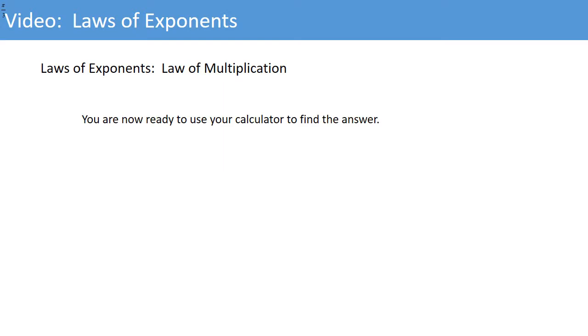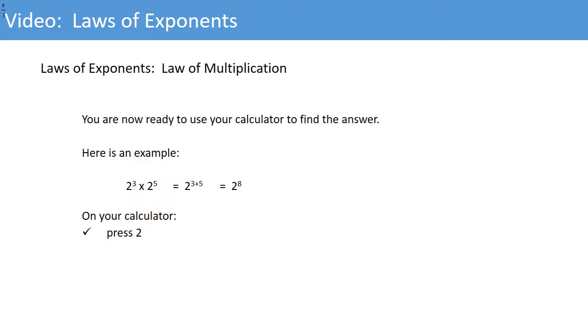Now, you are ready to use your calculator to find the answer. Here is an example. 2 to the exponent 3 times 2 to the exponent 5 is equal to 2 to the exponent 3 plus 5, which is equal to 2 to the exponent 8.